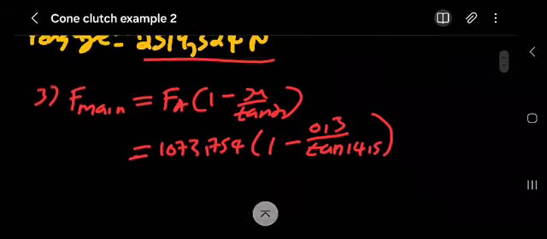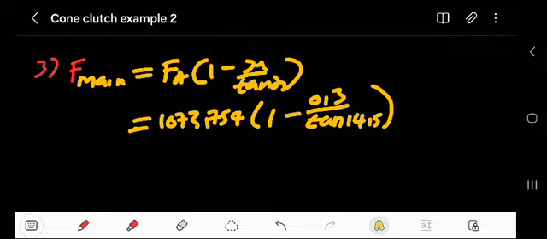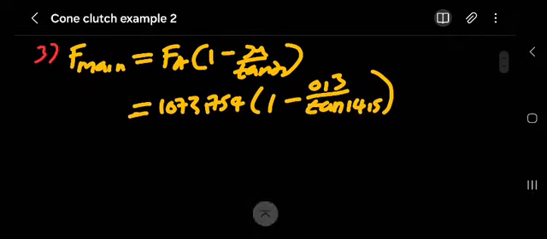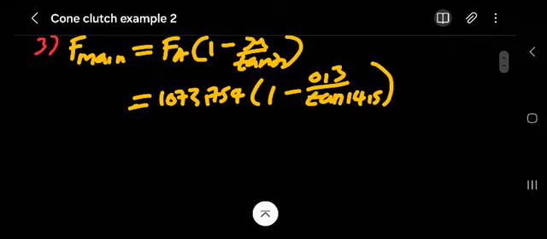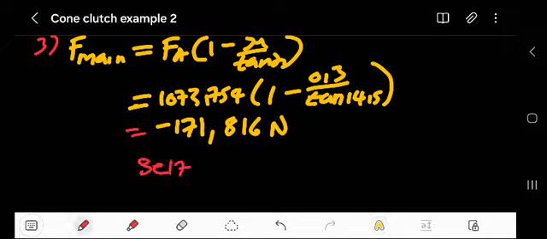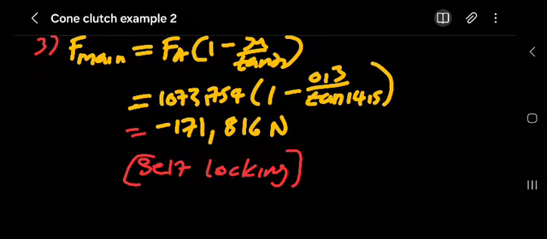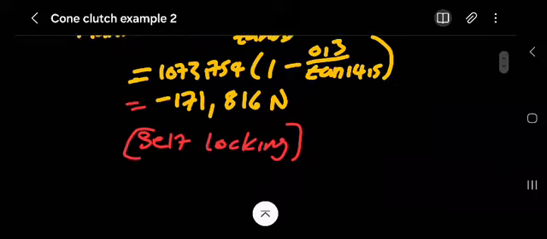It's a matter of changing only the sign to minus. Punch that. We got negative 171,816 Newton. Do not be afraid of this negative. This shows this clutch is self-locking. That negative indicates that it's self-locking.